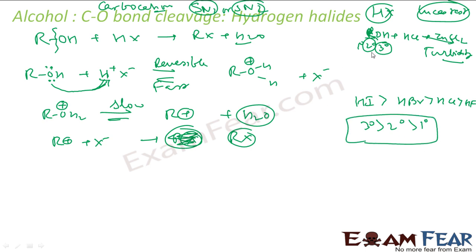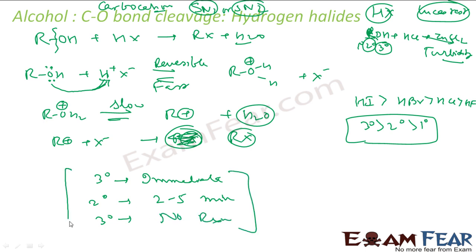That's why this reaction is used in the Lucas test, where we want to find whether the alcohol is 1st degree, 2 degree or 3 degree. If it is 3 degree, it is immediate turbidity. If it is 2 degree, it is 2 to 5 minutes. If it is 1 degree, there is no reaction. This is my Lucas test.